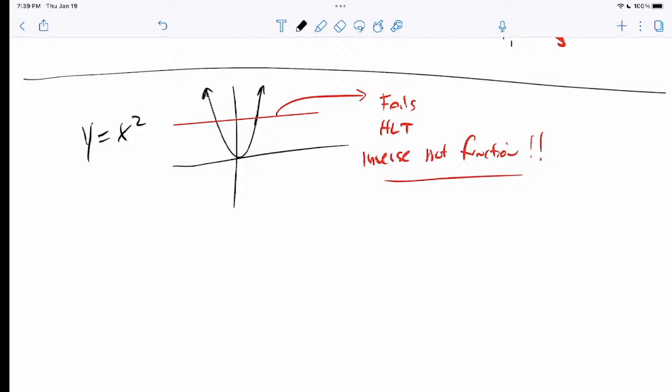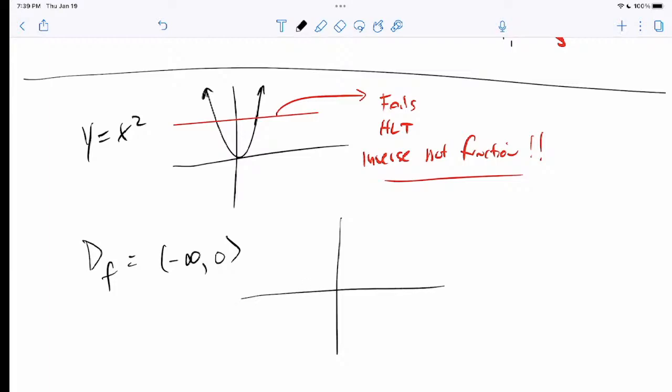Like we'd say, let the domain of the function go from negative infinity to 0. And then my function would only have one side to it, like that. So then it would pass, and the inverse would be a function.